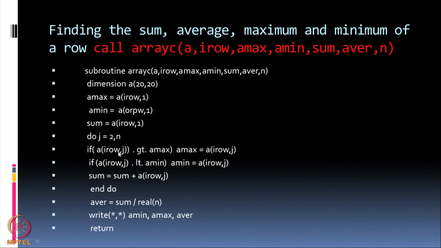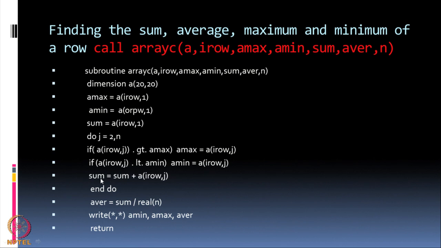So these two lines compare each of the later elements of that row and see whether it is lower or larger than some value. If it is a larger value, I put it in a max. If it is a lower value, I put it in a min, so that at the end of my calculation, I will have a maximum as well as a minimum of that particular array.